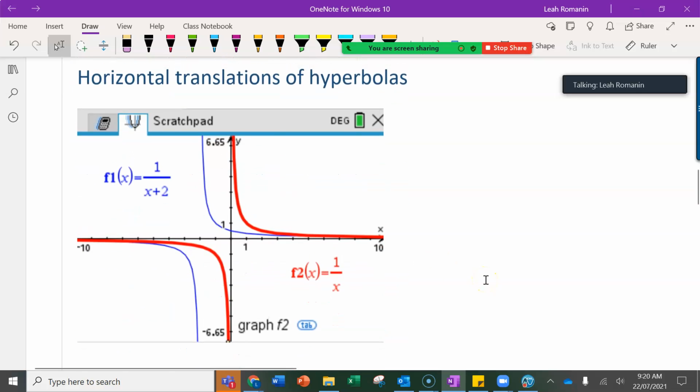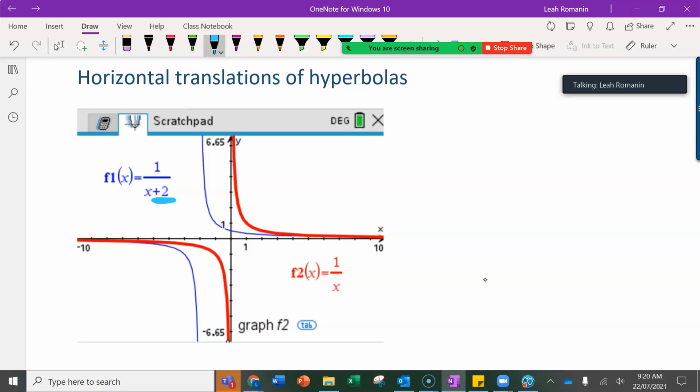Okay, so horizontal translations, the last one we're going to do, you just have 3 for this one. So for this one, our red graph is the normal graph, our 1 over x graph. No dilation, translation, reflection, nothing. With our blue graph this time, we have this +2.